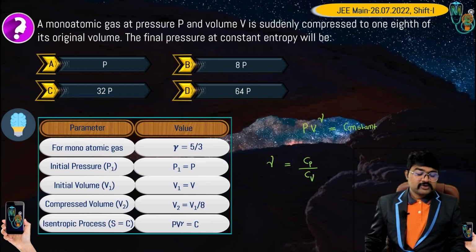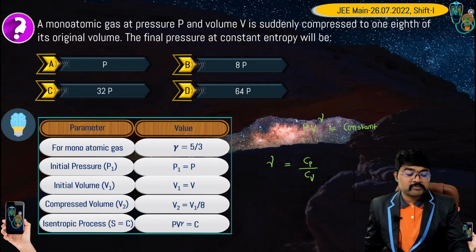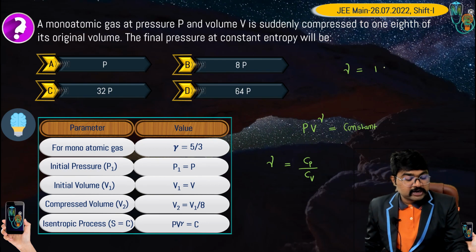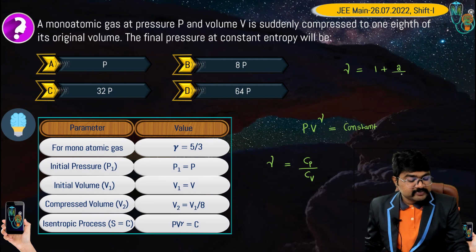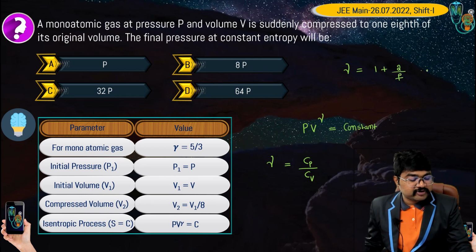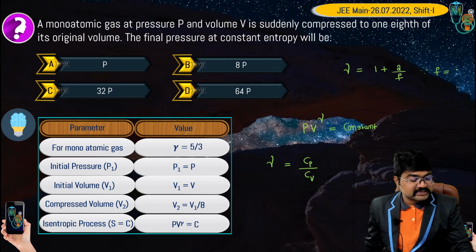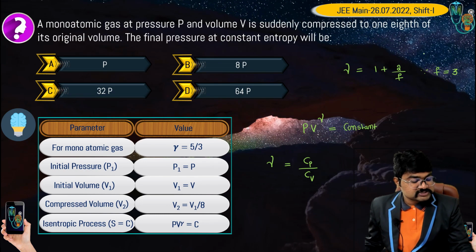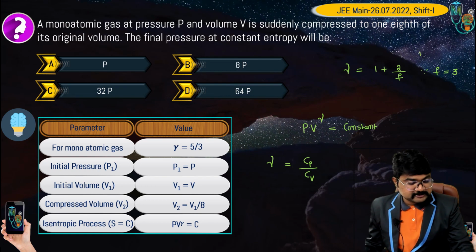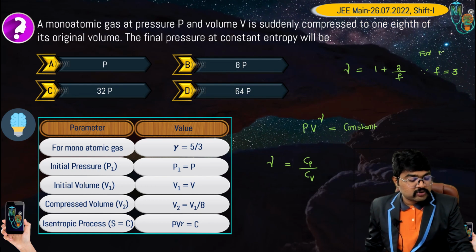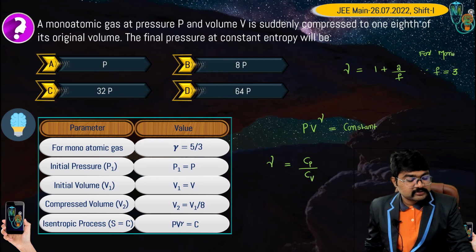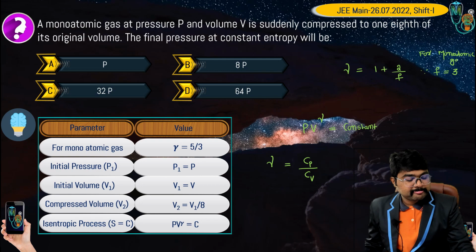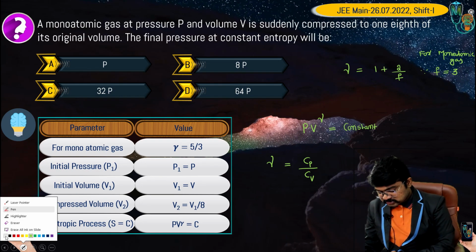For monoatomic gas, generally gamma equal to 1 plus 2 by F, where F is the degree of freedom. Here F equals 3 for monoatomic gas. Understood now? So now we can substitute that part.